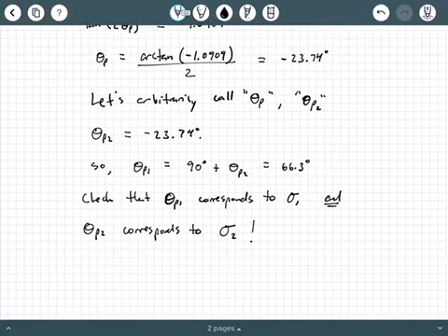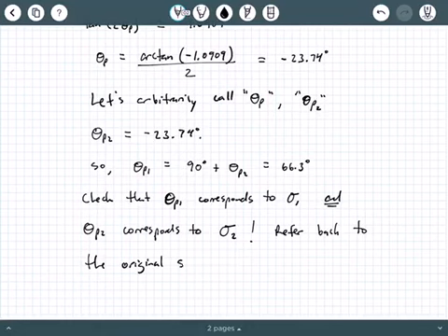So we need to check that theta p1 corresponds to sigma 1 and theta p2 corresponds to sigma 2. Now, how do we do that?